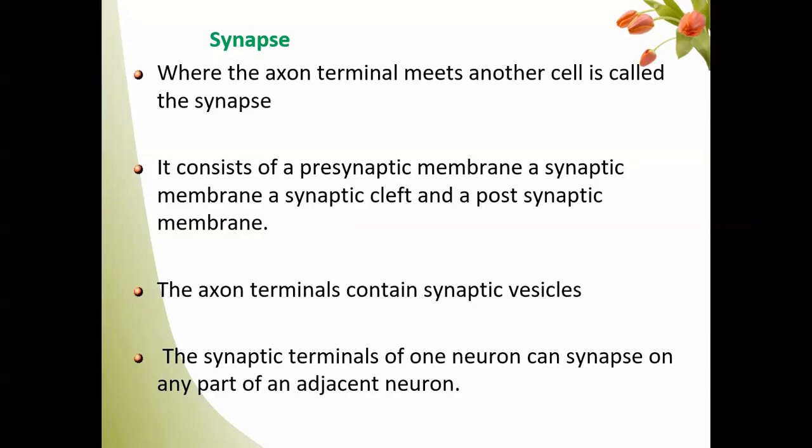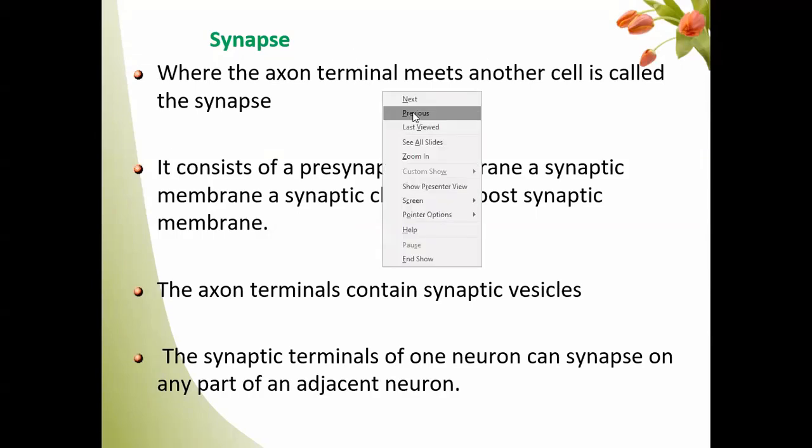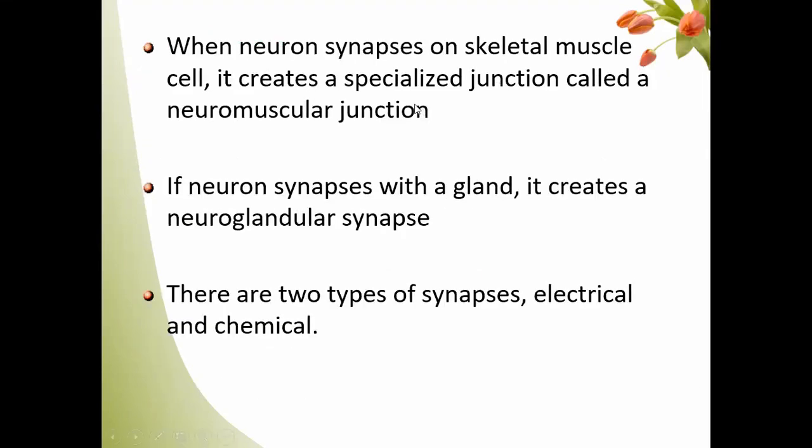The axon terminals contain synaptic vesicles, and the synaptic terminals of one neuron can synapse to any part of the adjacent neuron. These terminologies are important.